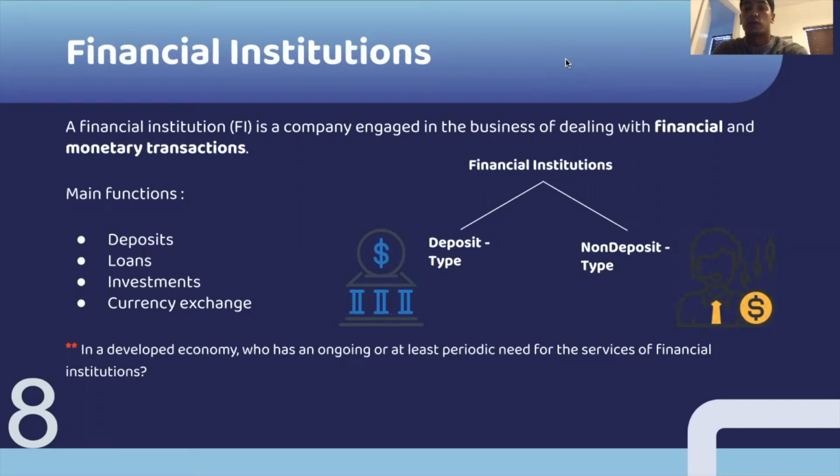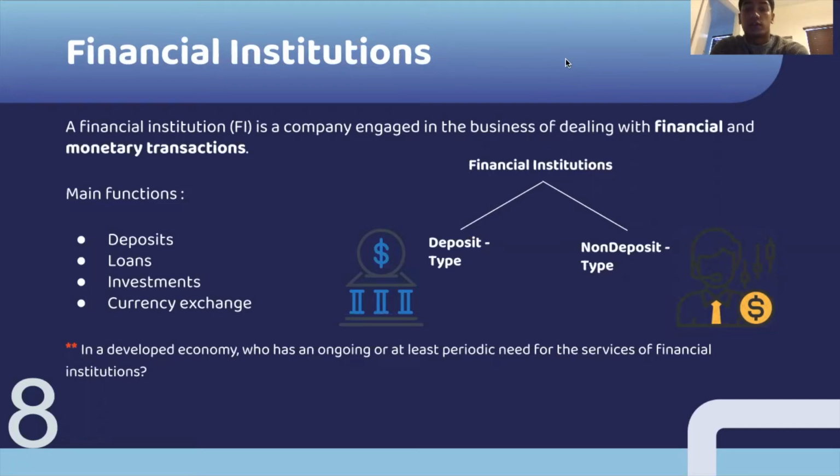There are two main types of financial institutions. The first one is a deposit type, which is basically a bank, and the second is a non-deposit type financial institution. Although there are differences between them, these differences have narrowed significantly over the past years, and they are almost interchangeable nowadays because they've almost followed the same functions.